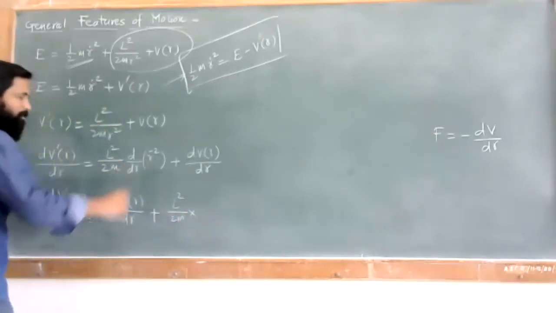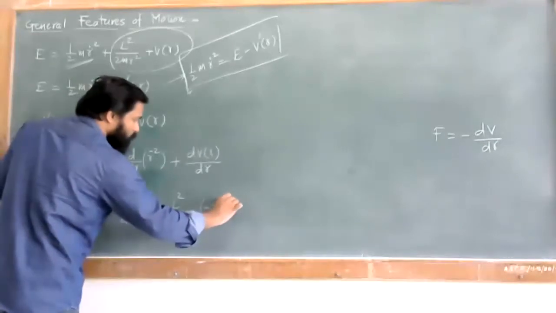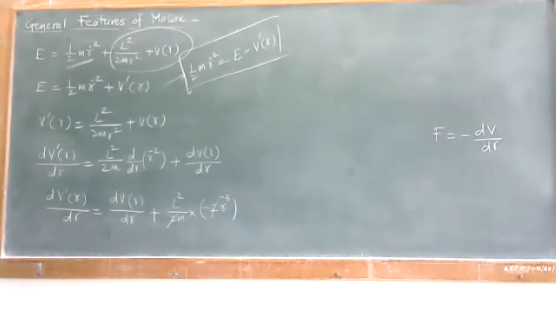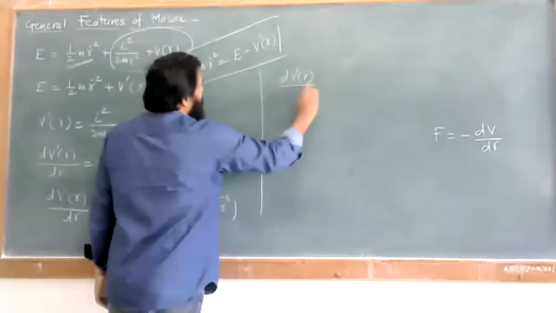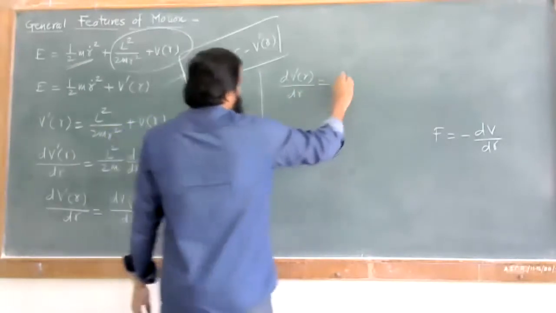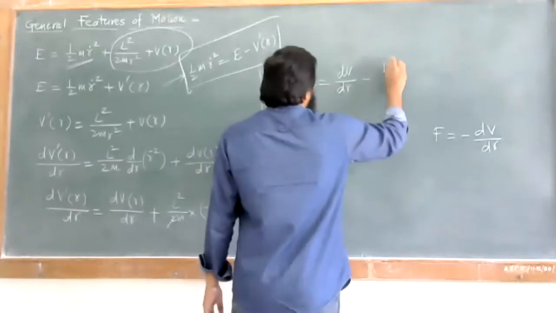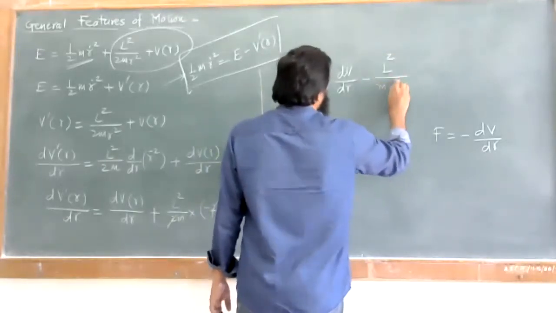What is the value of the derivative? That is minus twice m into r raised to minus 3. So this 2 and this 2 will get cancelled out. And what we'll have is dV dash r by dr is equal to dV by dr minus L square upon m r cube.